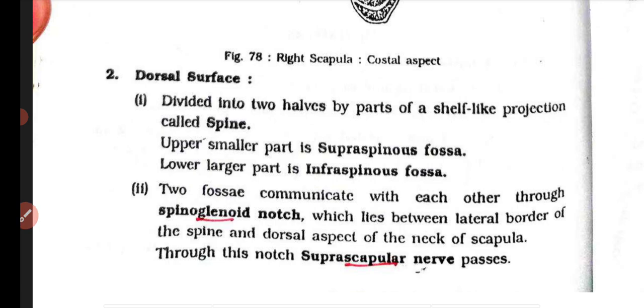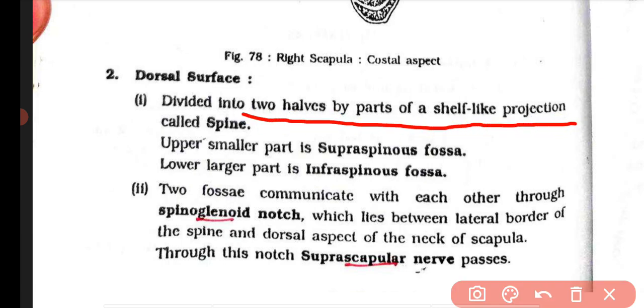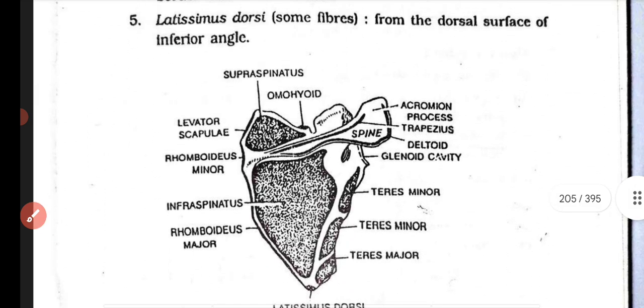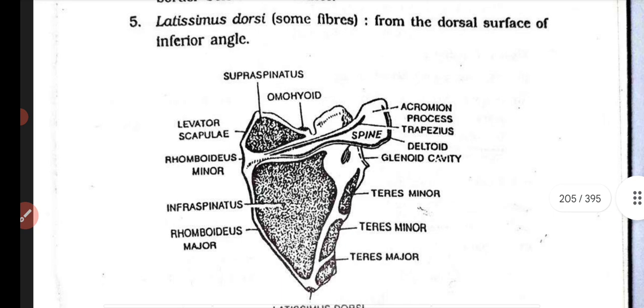The dorsal surface is divided into two halves by a projection called the spine. The upper smaller part is known as the supraspinatus fossa. The lower larger part is known as the infraspinatus fossa. Now we will see the two halves of the dorsal surface.